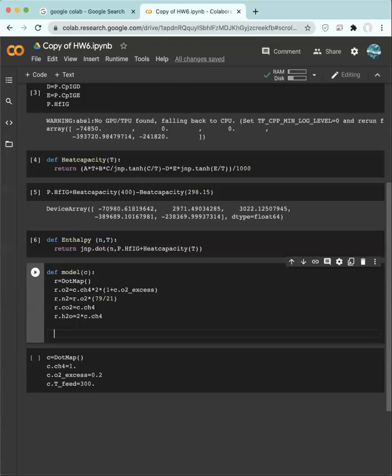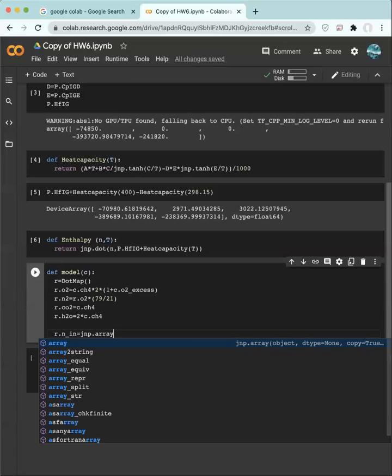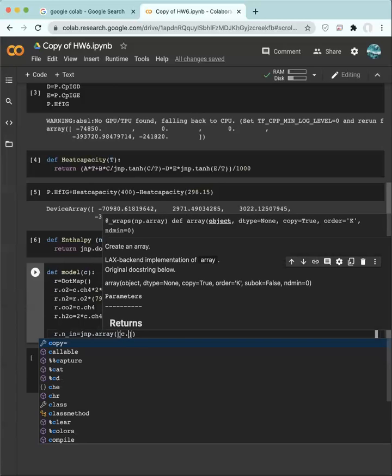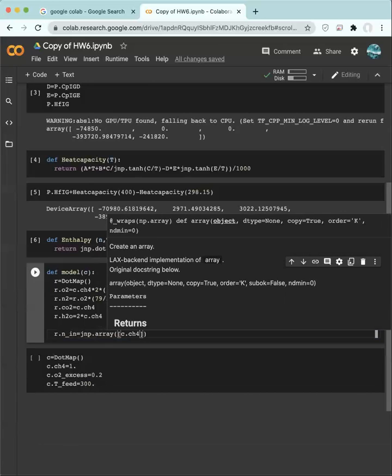And so now we're going to talk about the moles coming into the system and the moles coming out. So let's do R dot N for moles underscore in. That's going to be equal to, we're going to make an array, and it's going to be C dot CH4, so that's coming in.